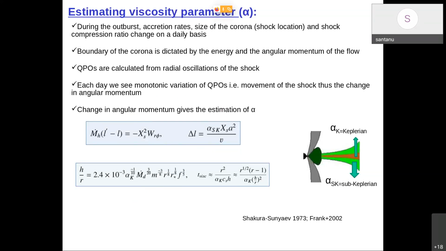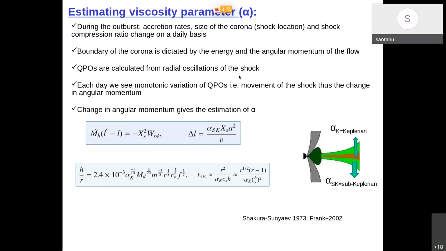Now what we did: the boundary layer of the corona, which is basically the shock, can be dictated by the energy and angular momentum of the flow. We estimate QPO frequency from the radial oscillation of the shock. So we compare theoretical QPOs and observed QPOs.